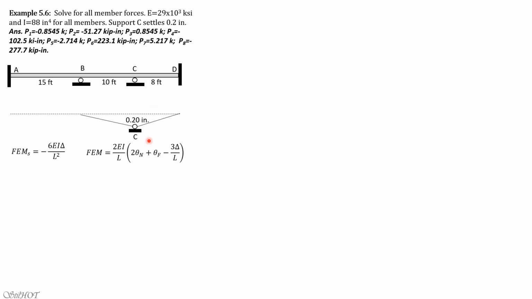So due to settlement alone or side sway, 2EI over L times negative 3 delta over L is negative 6EI delta over L square. Delta is positive if the rotation of the chord joining the supports is clockwise, and delta is treated negative if the rotation of the chord would be counterclockwise.